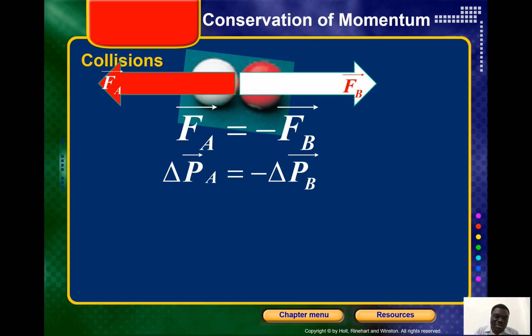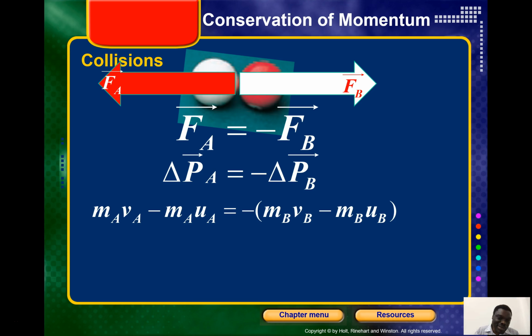Now, the change in momentum of A is the final momentum of A minus the initial momentum of A, and the change in momentum of B is the final momentum of B minus the initial momentum of B. Change in physics always means final value minus initial value.